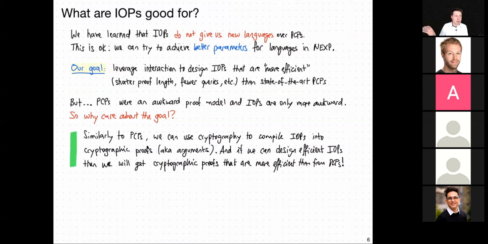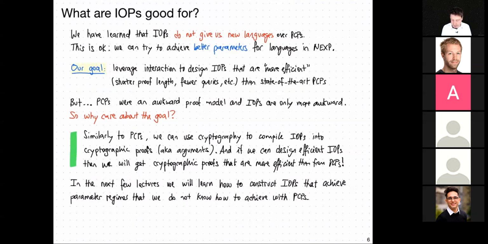And then we'll push the rest onto the cryptography, and the cryptography will be tasked with implementing the IOP model in the real world, this interaction and query access. And it turns out that this seems to be a much better trade-off, moving the midpoint between information theory and cryptography this way. Because to this day, we don't really have such efficient PCPs, but we are able to construct highly efficient IOPs. In fact, of the probabilistic proofs directly used in the real world, IOPs are the most efficient.